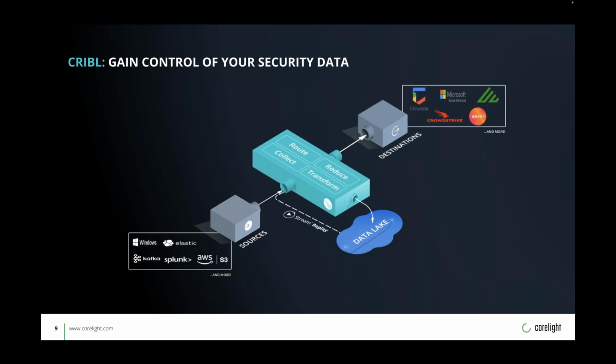Sources are the data sources that we collect from, so we take the ownership of collecting data from different sources that you want to analyze, and then basically we take this data through different protocols, different agents, different ways of push and pull mechanisms, etc. But then when we collect, we transform this data, right?